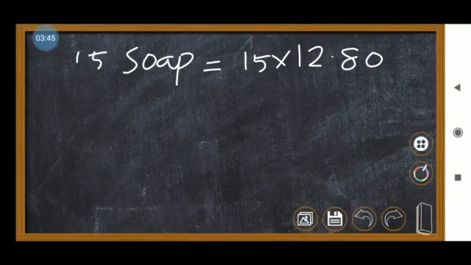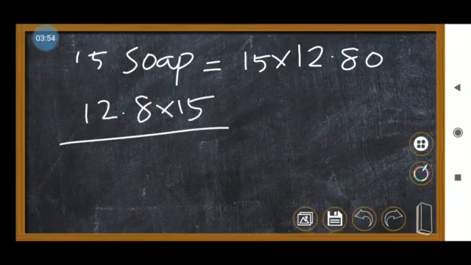Okay students, 12.80 we can write as 12.8. So 12.8 into 15, just multiply. 8 5s are 40, here 4, and 2 5s are 10, so 14, and 1 5 is 5, 6.